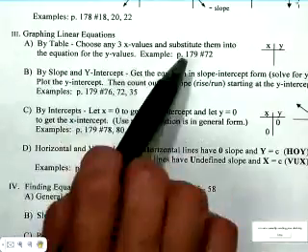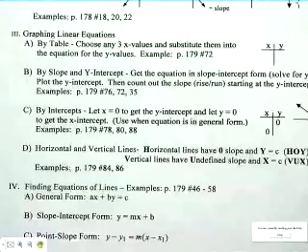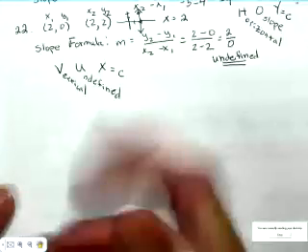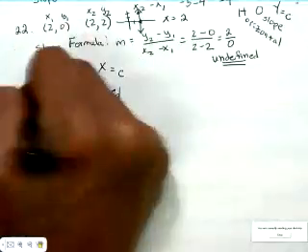Let's see, number 72 on page 179. y equals negative 3x plus 4.